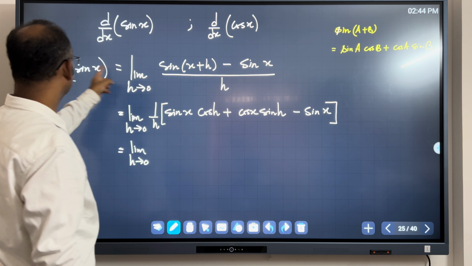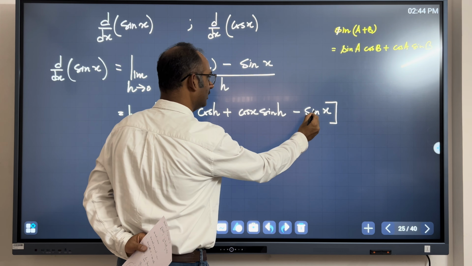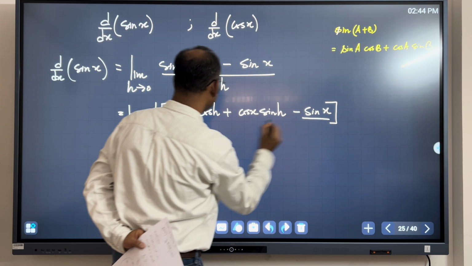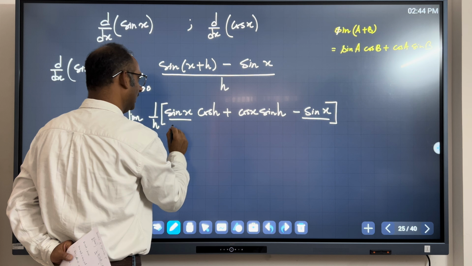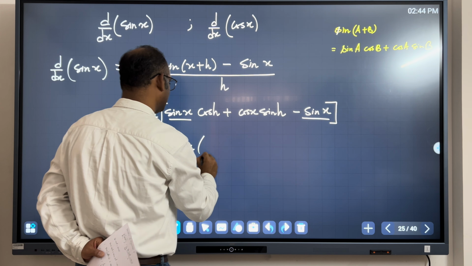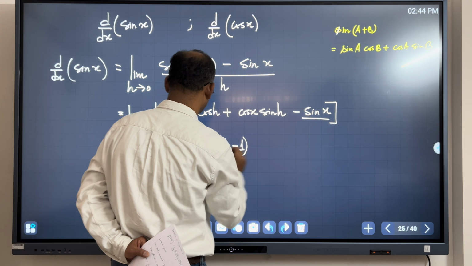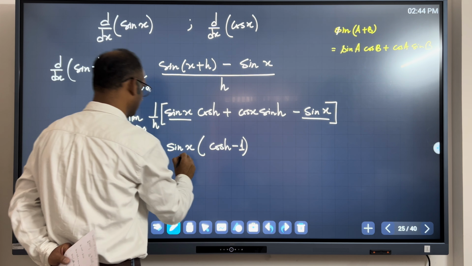So don't write that equality and it will be fine. So let's take sin x common between this and that. So I have sine of x times cos of h minus 1, and this 1 over h comes here.